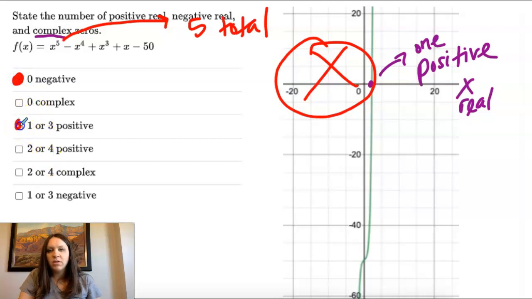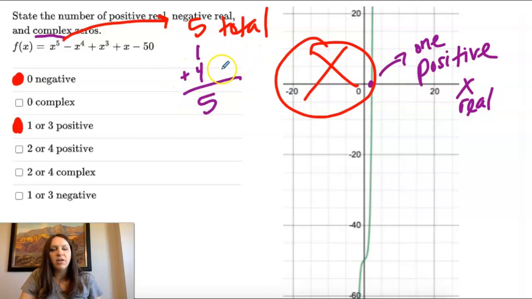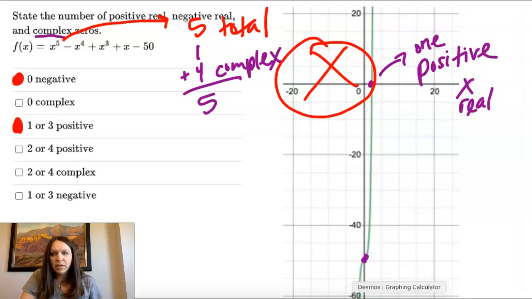We have 1 positive. And that only accounts for 1, so that means my other 4 to get to that 5 are complex or imaginary. They're the ones we don't see, but it's actually this curve. So for complex, I don't have 0.